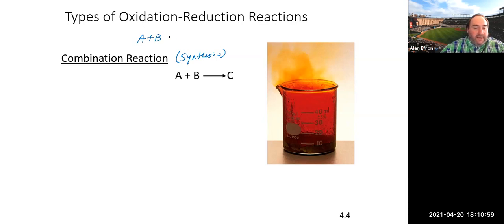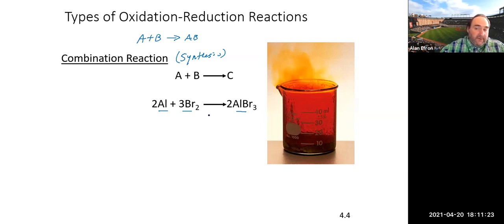That's the general setup that's happening here. If we take something like aluminum and bromine to make aluminum bromide, we have 2 things making one thing. That's your classic combination or synthesis reaction.